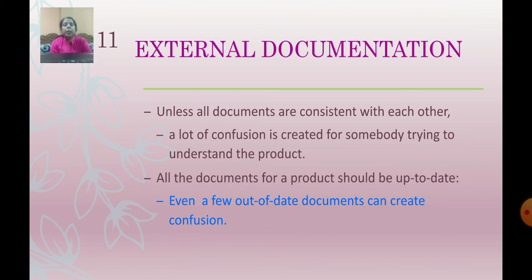Even a few out-of-date documents can create confusion. In software development the code is changed many times, so if the documents are updated it is useful, otherwise it creates confusion.